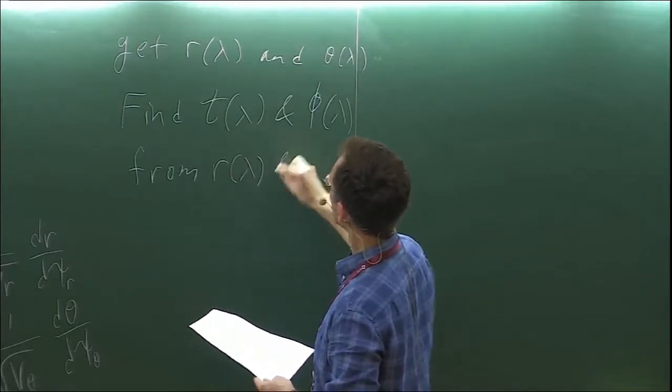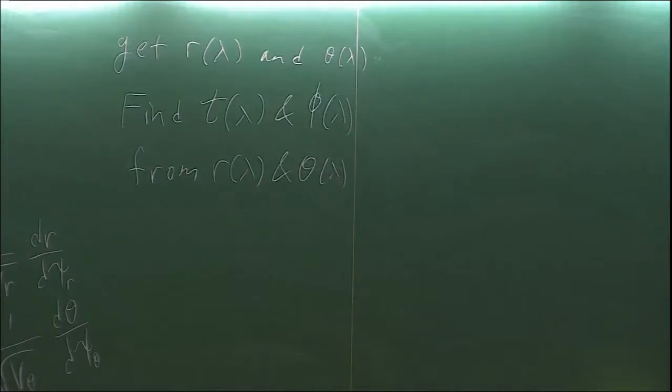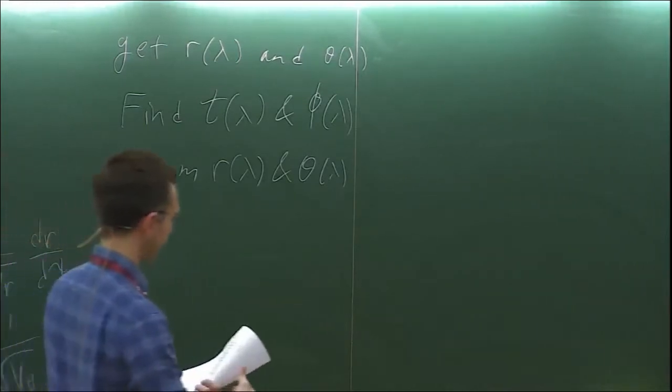Because over here in the equations for phi dot and t dot, you know the right-hand sides as functions of lambda as soon as you know r and theta as functions of lambda. So then you can just integrate that equation to get phi as a function of lambda and t as a function of lambda.